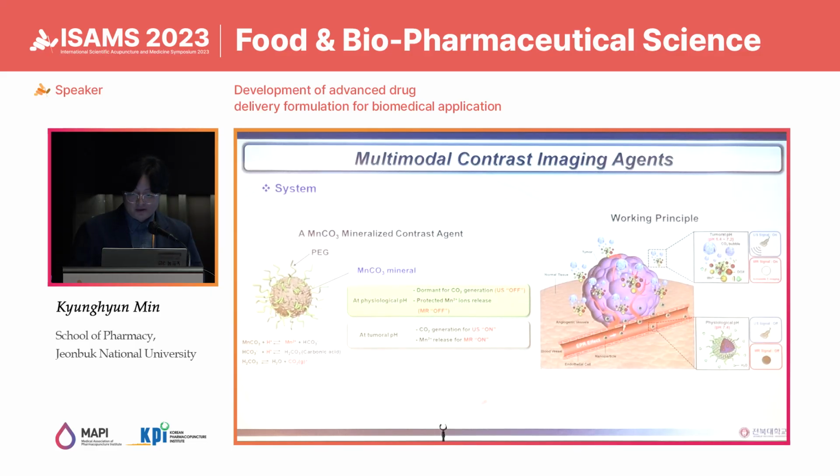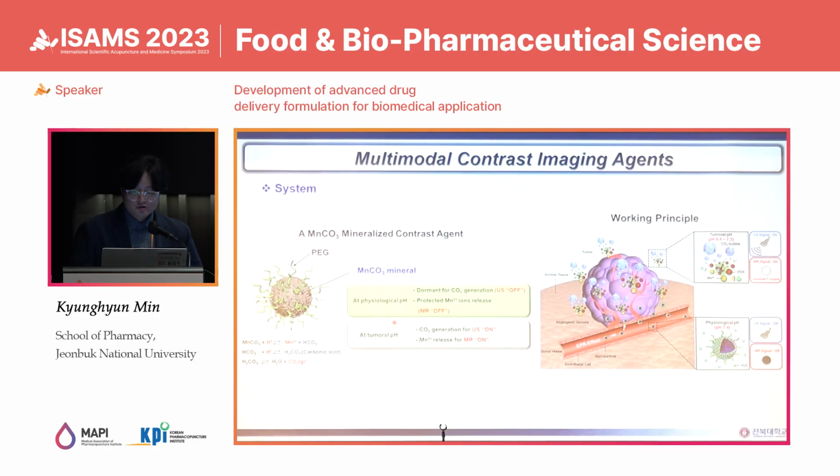So this system is a manganese carbonate mineralized nanoparticle. Manganese carbonate is known to have similar aqueous solubilization behavior to calcium carbonate minerals.